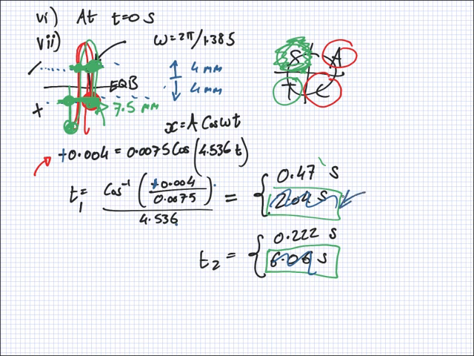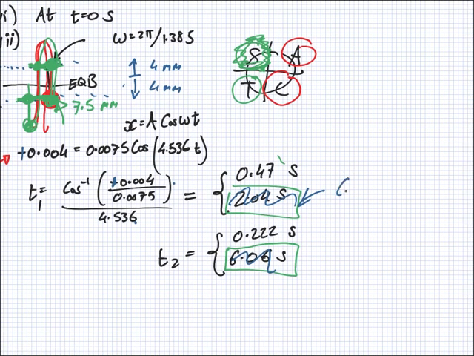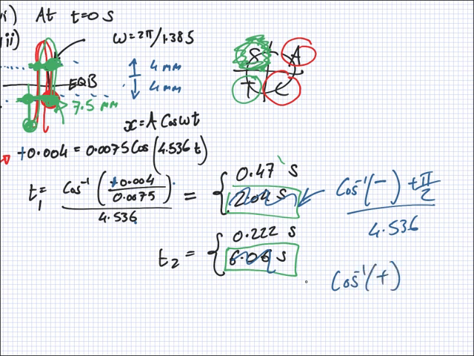So I'll just fix that up here. You'll need to type in cos inverse of the minus number, and then for what did we do here? We added pi over 2, wasn't it? And then divided by 4.536. And then here we have cos inverse of the positive number, 2 pi minus that, over 4.536. That is correct.